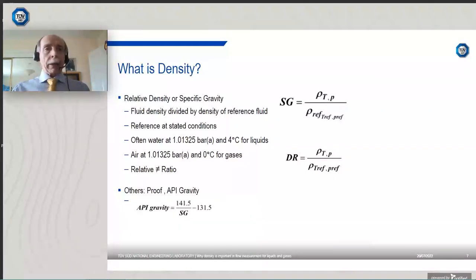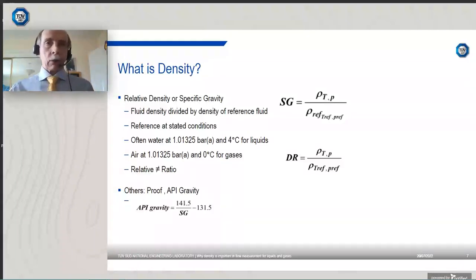There are other methods of defining density. You can think in terms of relative density or specific gravity, which is a fluid density divided by a density of a reference fluid. So specific gravity there is the density of the fluid we're interested in at defined temperature and pressure, divided by the density of a reference fluid at stated reference conditions.